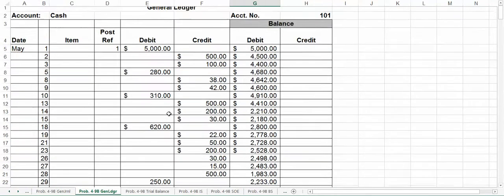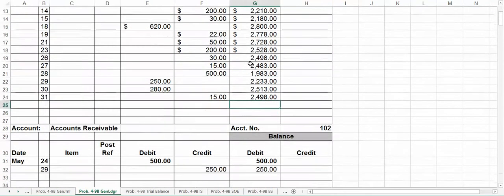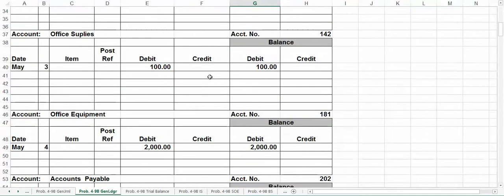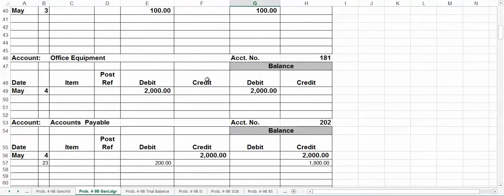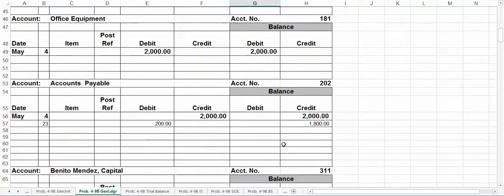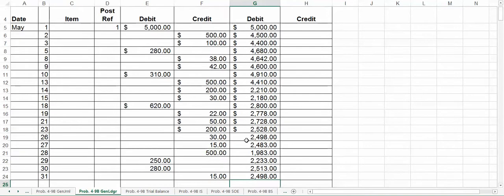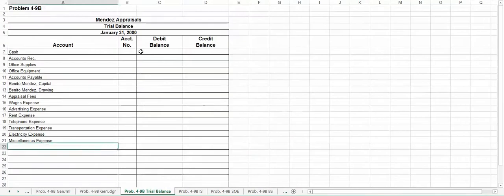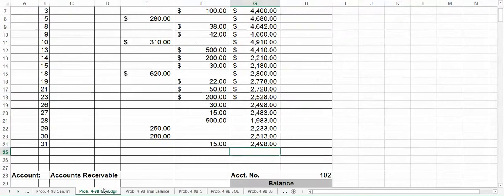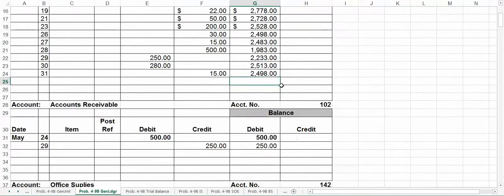Okay, so now we have all of the accounts and the amounts entered from the general journal. Now what we have to do is we're taking the ending balance in each account like we did on 3-13 and transferring those amounts over to the trial balance to see if we are correct. So we should have $24.98, $250.